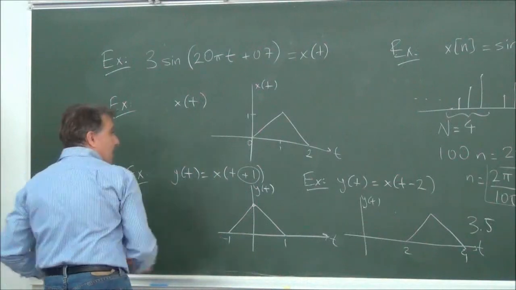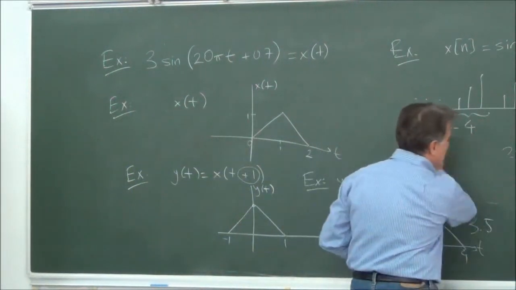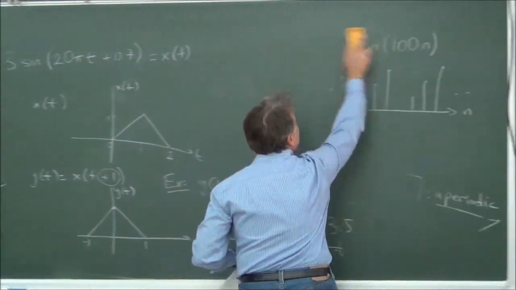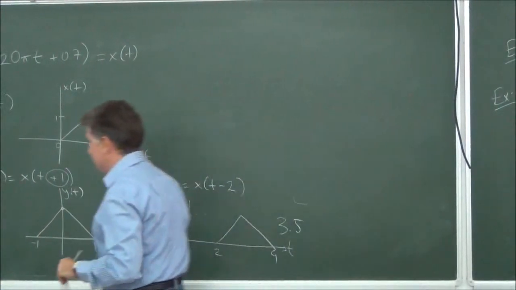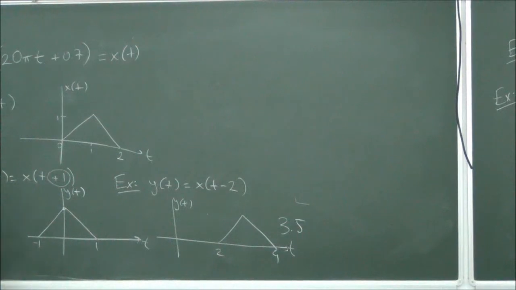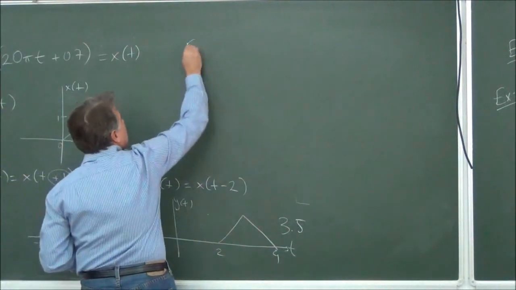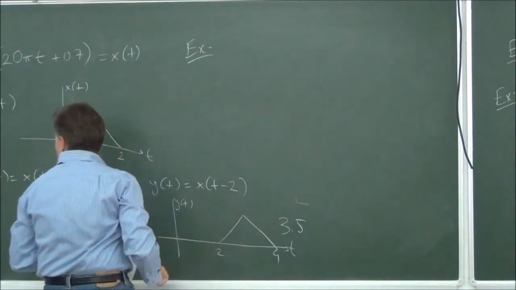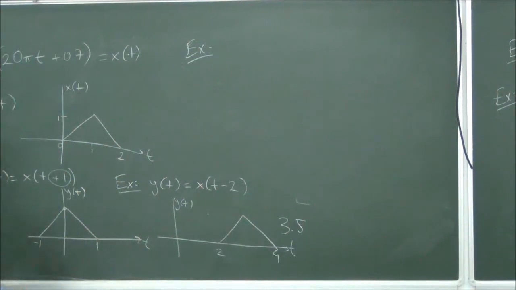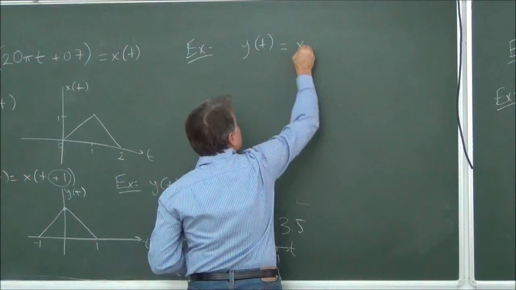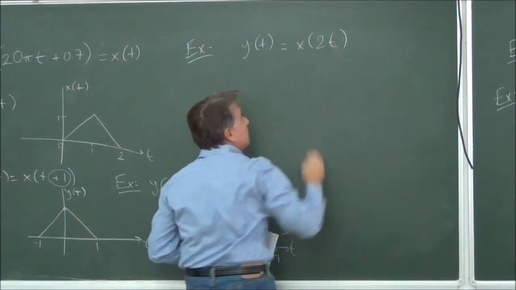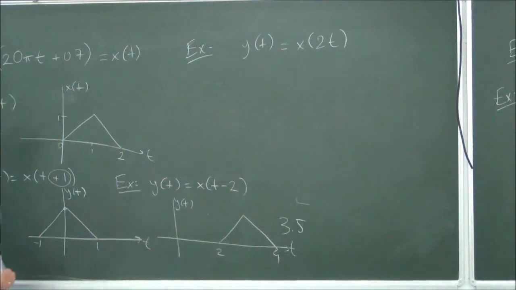Now, another thing. I'm trying to be quick about this because before ending the class, I want to come to some conclusions. If this is x of t, when I say y of t is equal to x of 2t, what is that?